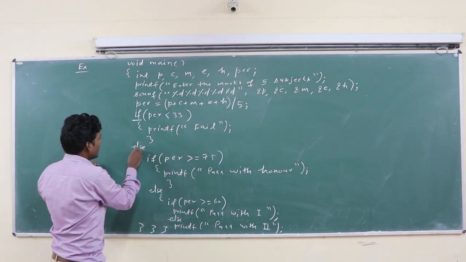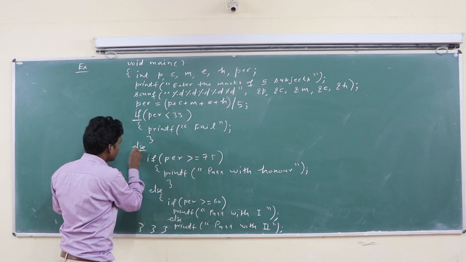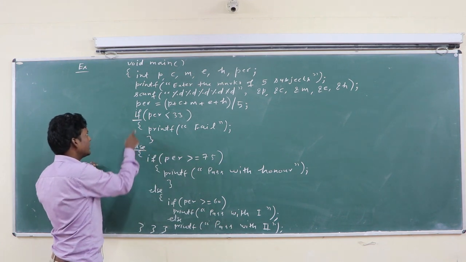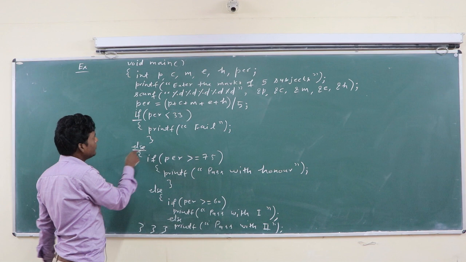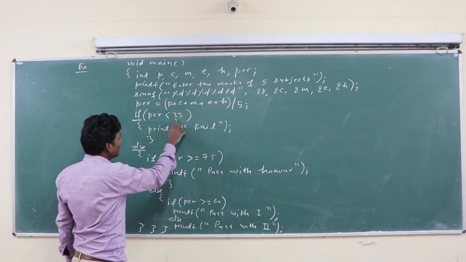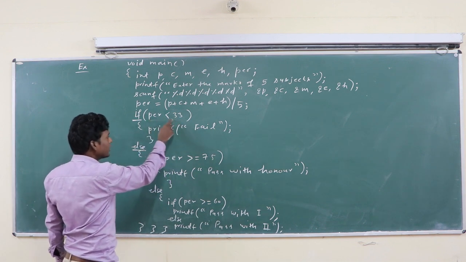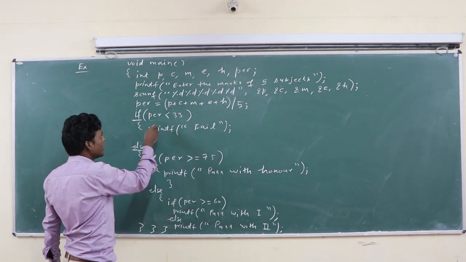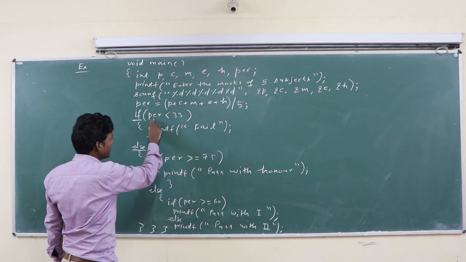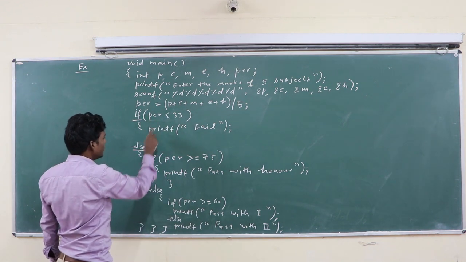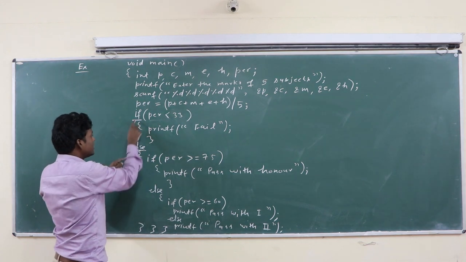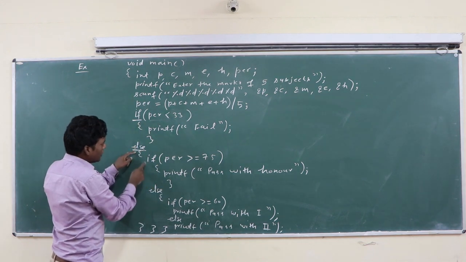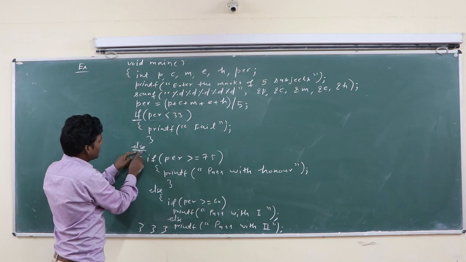In that case, else will execute. This else is related to this if. If this condition fails, meaning percentage is greater than 33%, in that scenario its else will execute. This one.